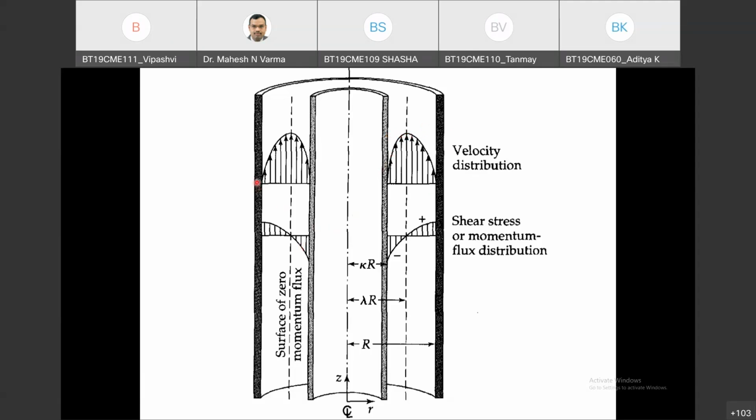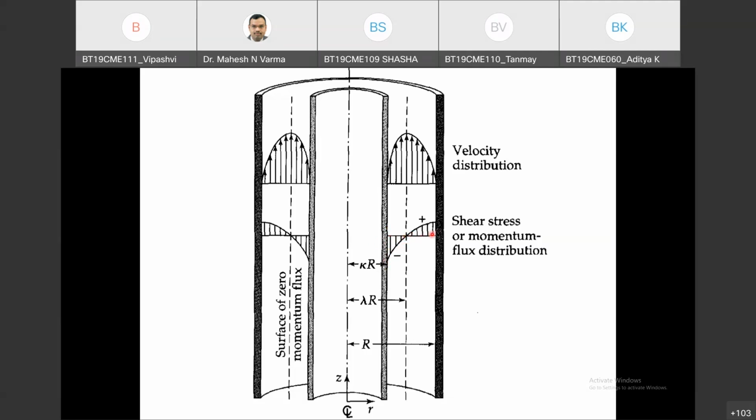So this is the expectation of the velocity profile, and this is what the shear stress, the momentum flux, will be. Okay, at the maximum velocity front you will get zero momentum flux, and here you will get the highest momentum flux, and here also the highest momentum flux.